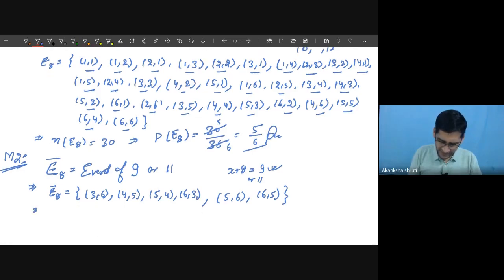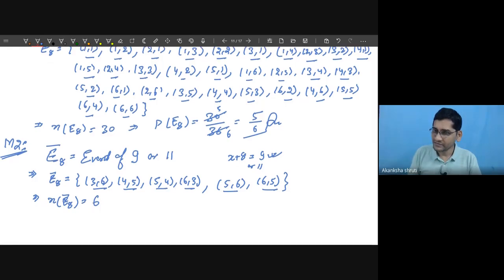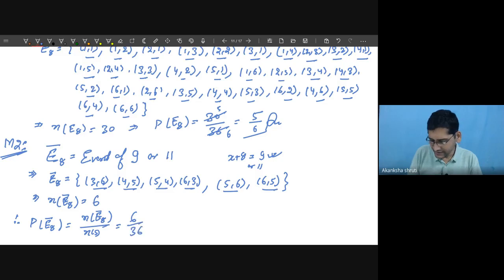So what is our NE8 bar? 1, 2, 3, 4, 5, 6. Very good. So it is our 6. Therefore, what is our PE8 bar? Let me first calculate this. NE8 bar by NS is 6 by 36.